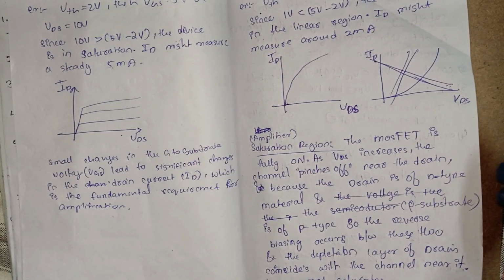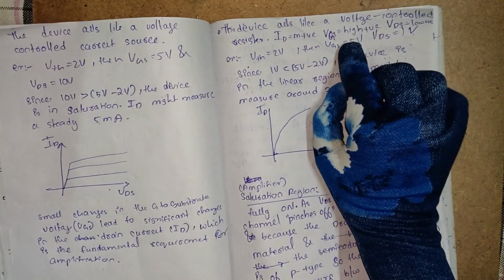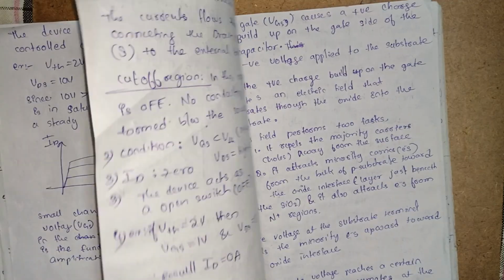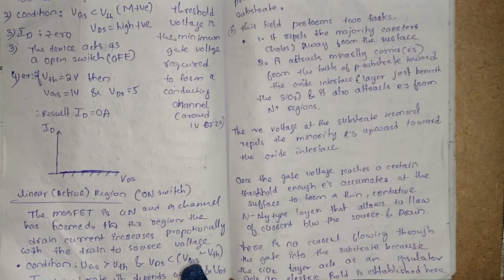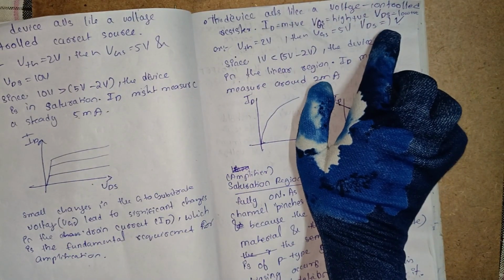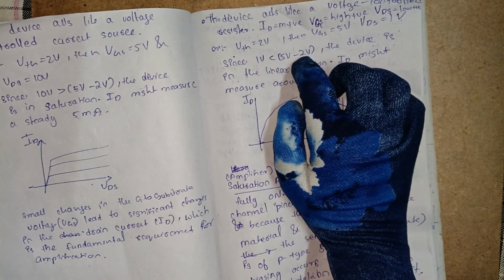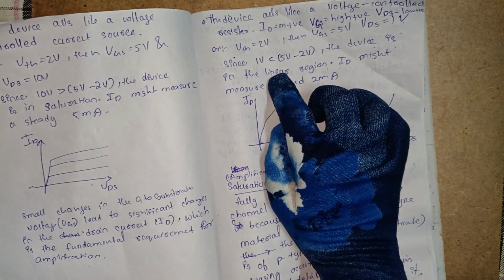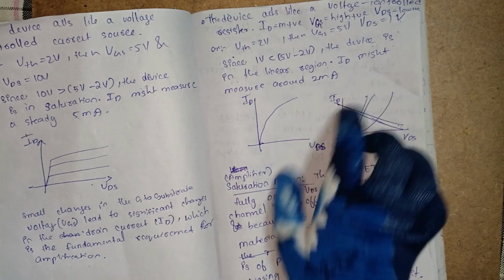VGS is high positive and VDS is low positive, 1 volt, and VDS should be less than VGS minus VTH. Here VDS, 1, is less than VGS minus VTH, 5 minus 2 that is 3. 1 is less than 3, that is true. The device is in the linear region. ID might measure around 2 microamperes.